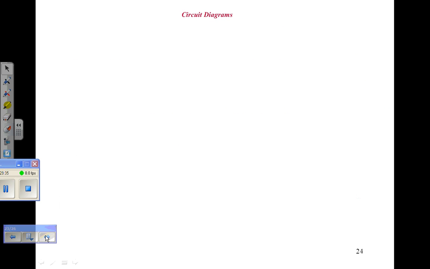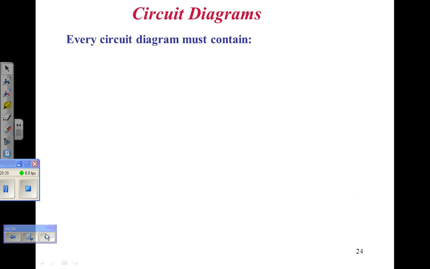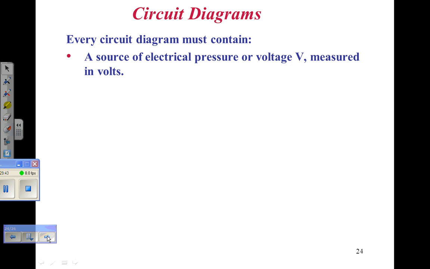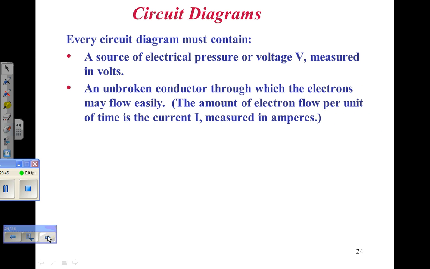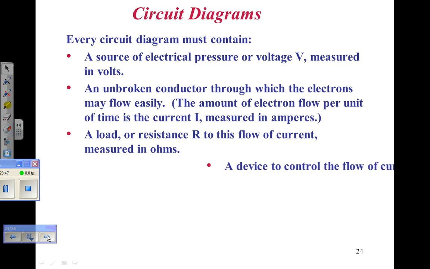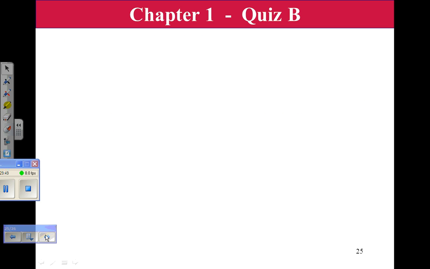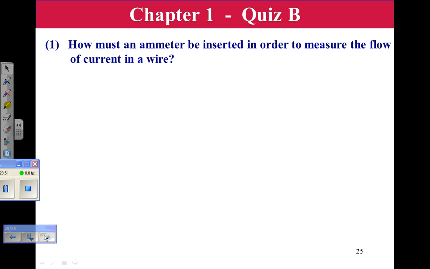Okay, so we know what a fuse is and a circuit breaker. Circuit diagrams. What do we have here? Every circuit diagram has got to have all these silly things. Okay. And let's have another little quiz. How must the ammeter be inserted in order to measure the flow of current in a wire?